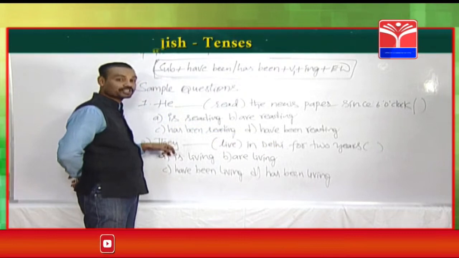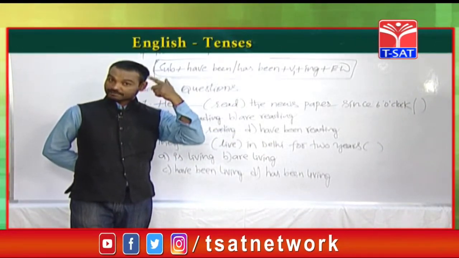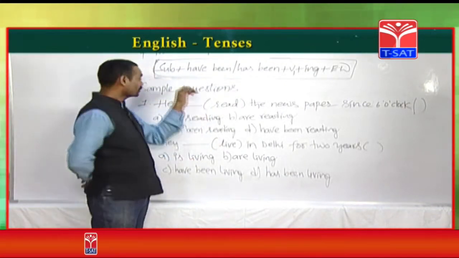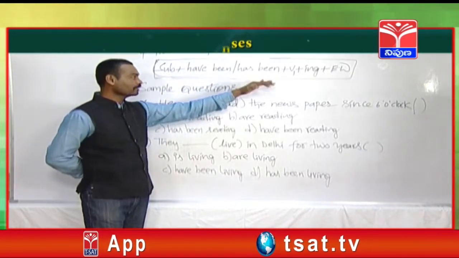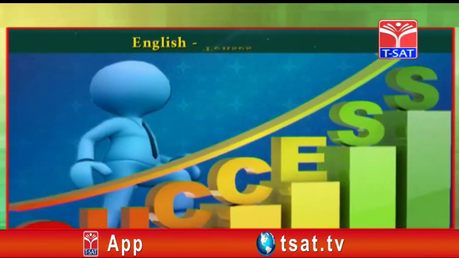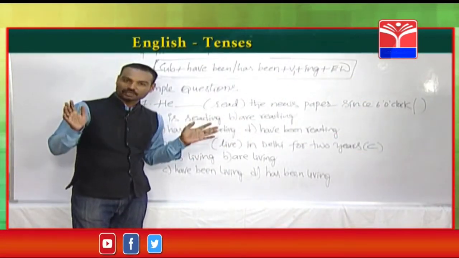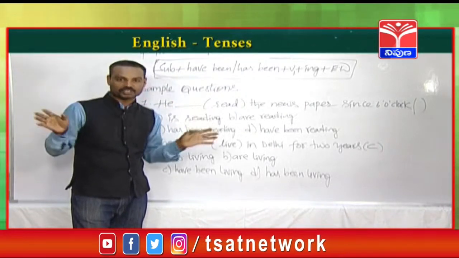You should come to the subject. After coming to the subject, what should you do? You should remind the frame of this tense. In this tense, what is the frame? This is the frame of this tense. Subject, have been, has been, V1 plus ing form and extra words. Like this, questions will be given. It's very simple. I have already told you that English is a very easy subject.